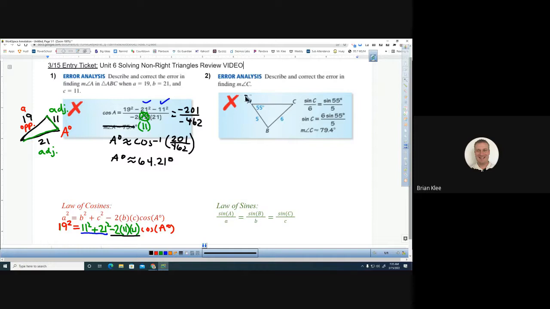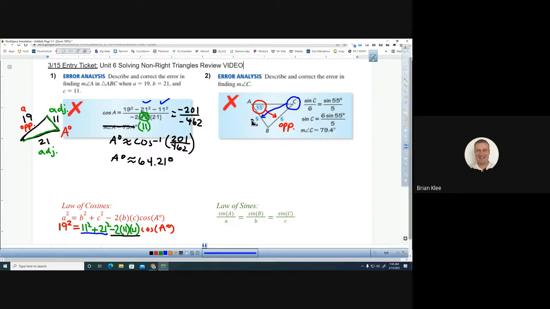Okay. Over here in number 2, law of sines. So law of sines works: 55 degrees is opposite a side length of 6. We're supposed to describe and correct the error in finding the measurement of angle C. Angle C is over here. That is opposite a side length of 5.